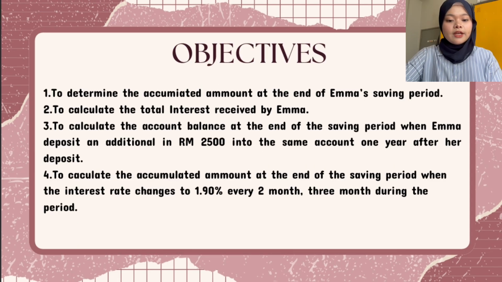For case study 1, the first objective is to determine the accumulated amount at the end of Emma's saving period. The second is to calculate the total interest received by Emma. The third is to calculate the account balance at the end of the saving period when Emma deposits an additional ringgit into the same account 1 year after her deposit. The last is to calculate the accumulated amount at the end of the saving period when the interest rate changes to 1.90% every 2 months.